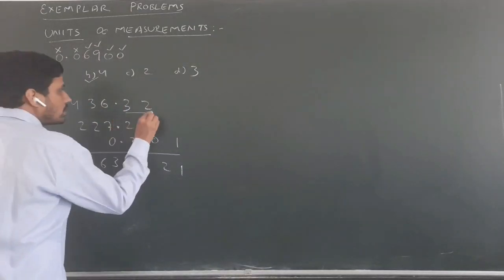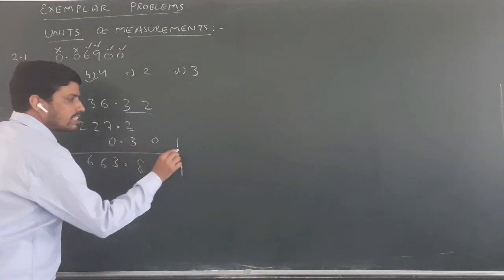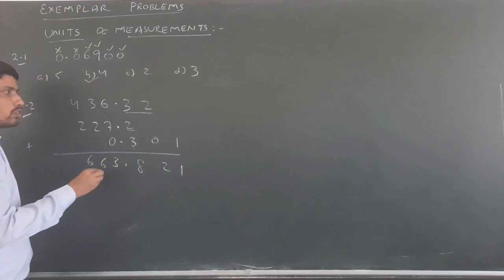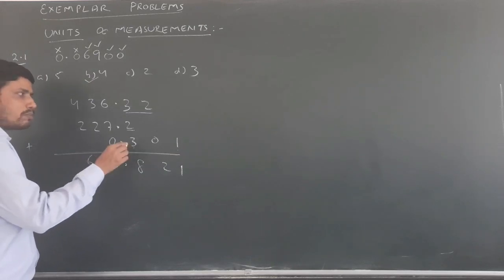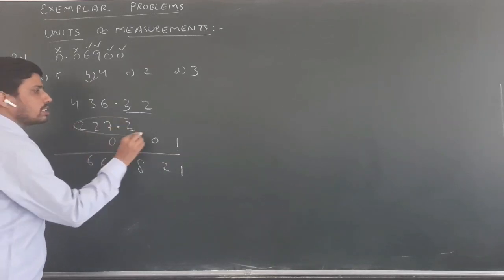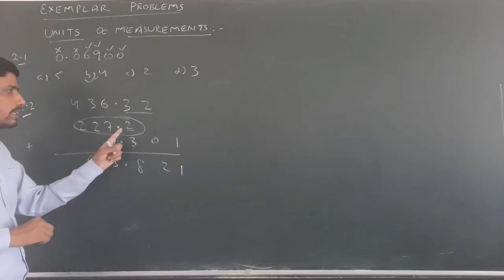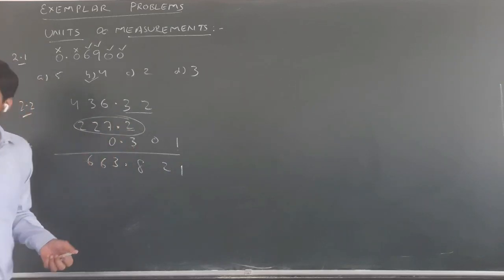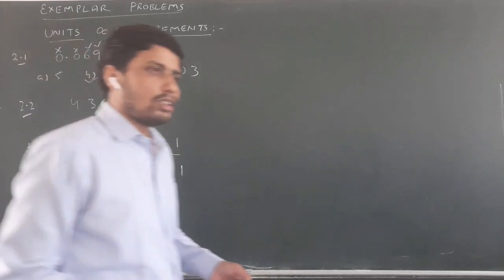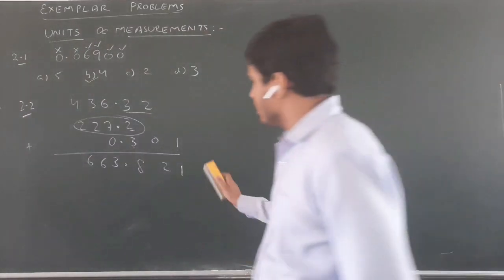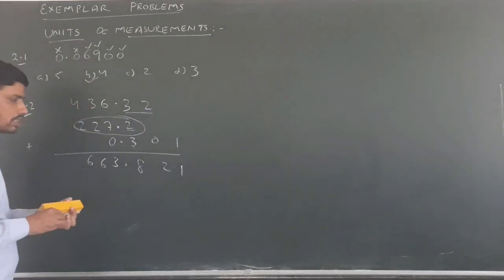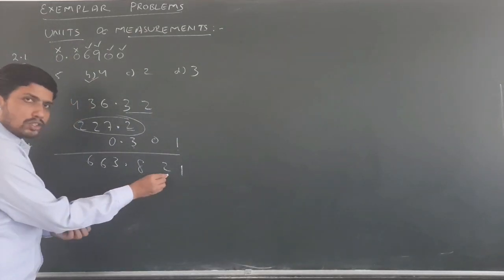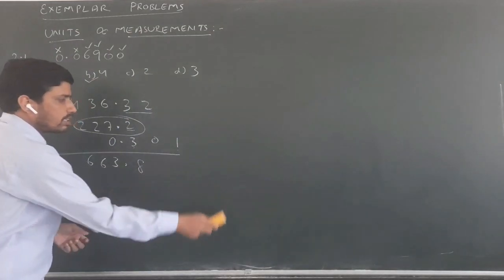After decimal, there are two digits, there is one digit, there are three digits. So where do we have the least number of digits after decimal? In this number. How many digits are there after decimal? 1. So here also we should have only one digit after the decimal. So we should round it off to this digit. Now the next digit is 2, which is less than 5, so it remains like so.